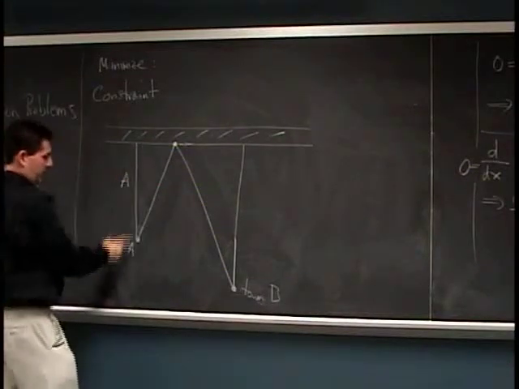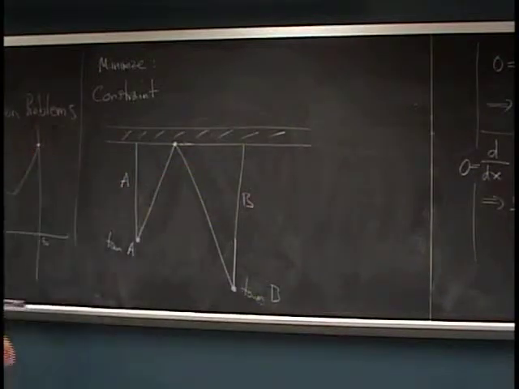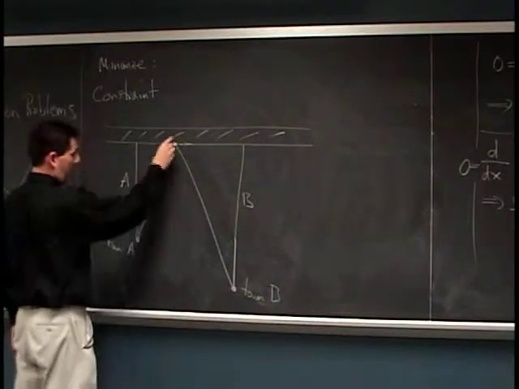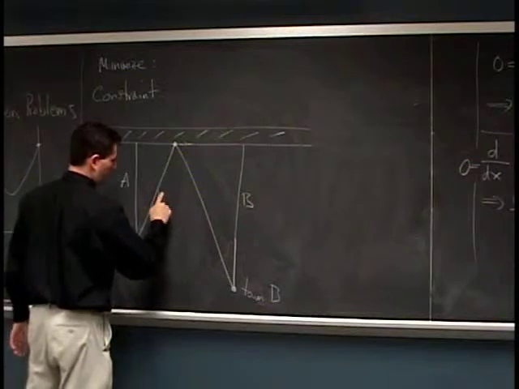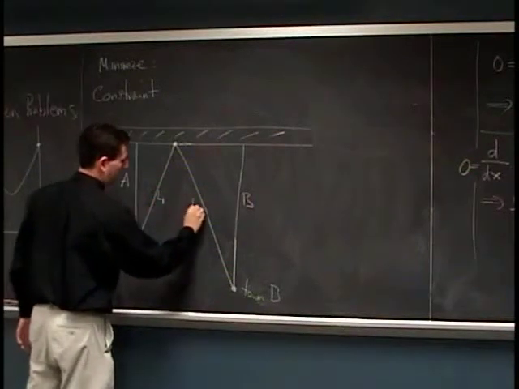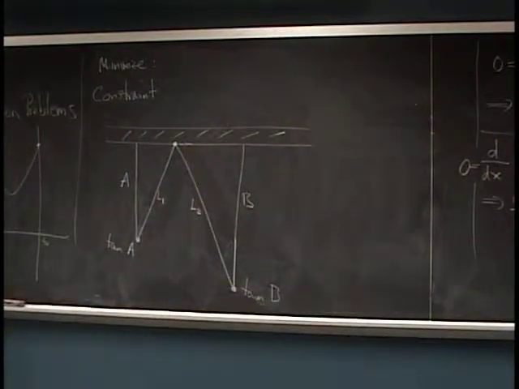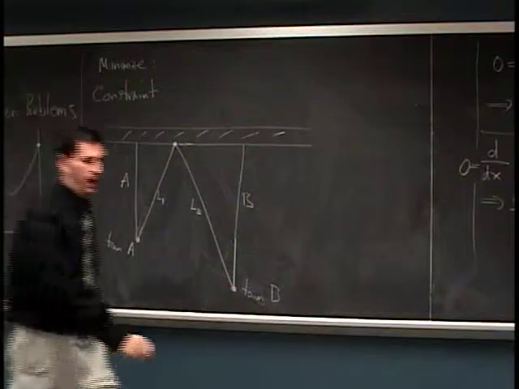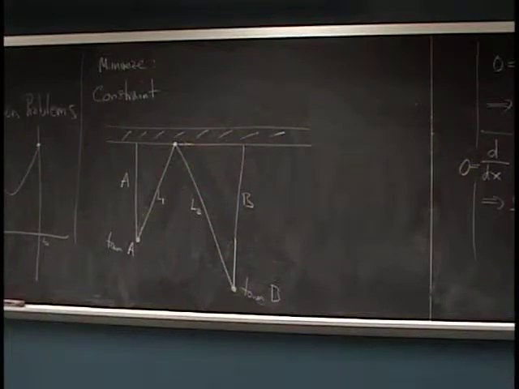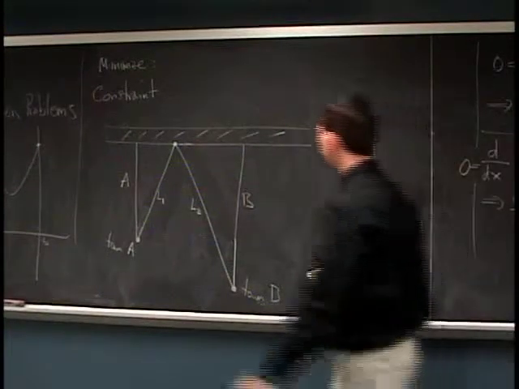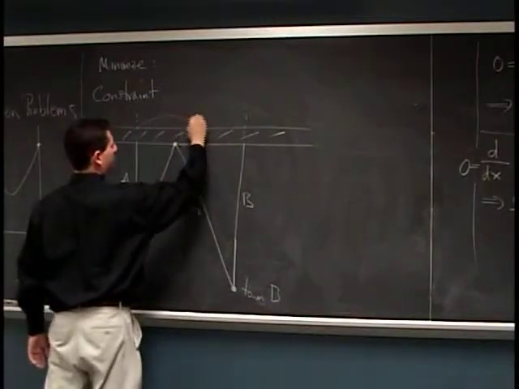Say this distance to the river is A, and this distance to the river is B, and the length from A to the power plant is going to be L1. From B, it will be L2.